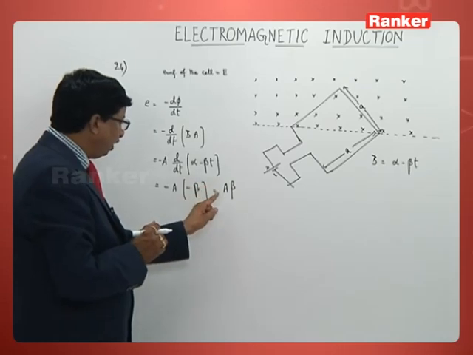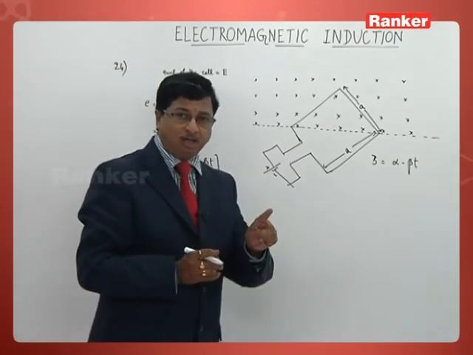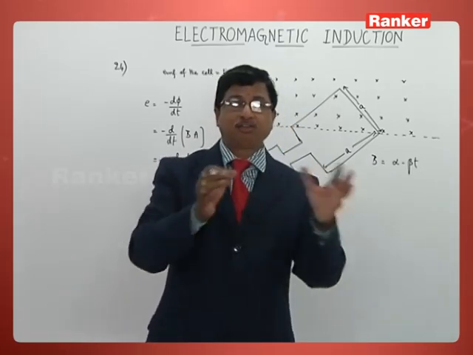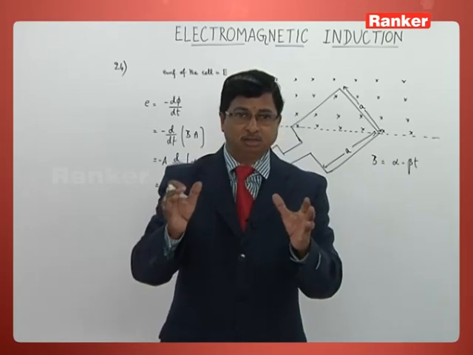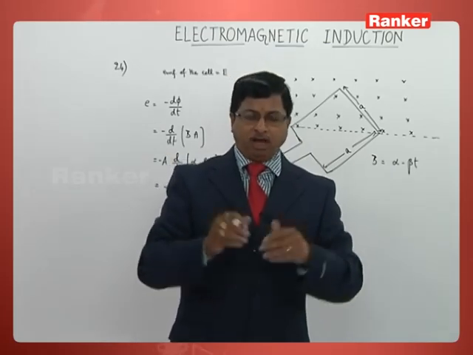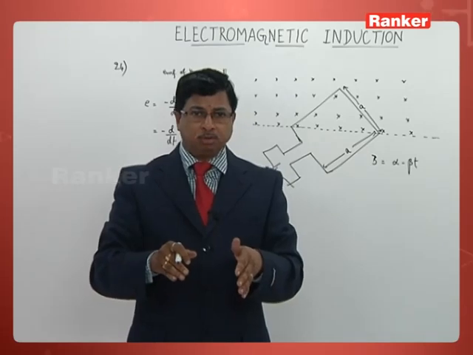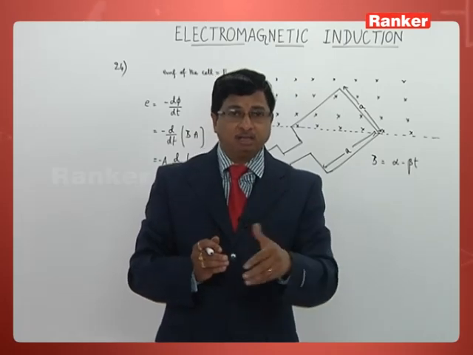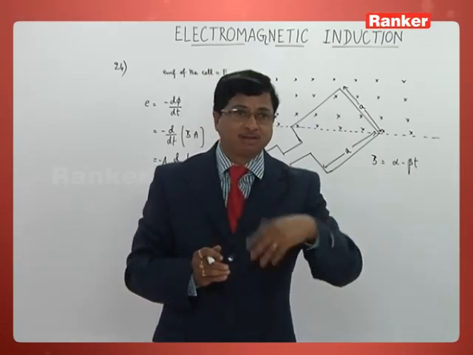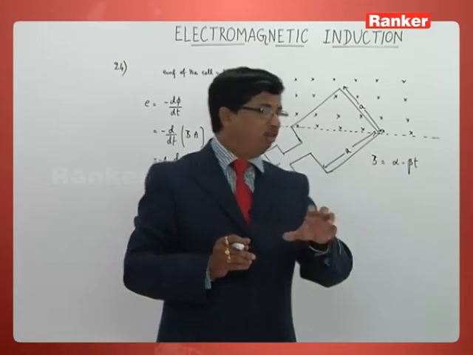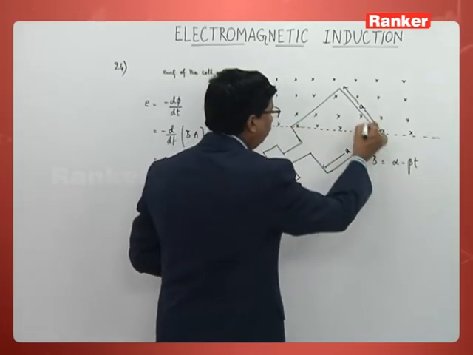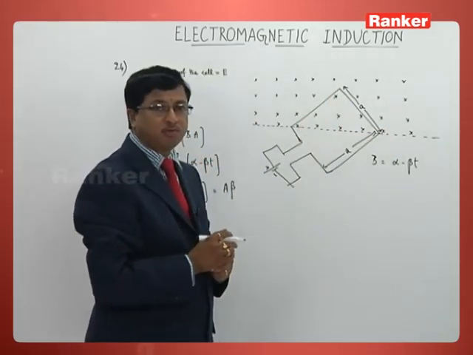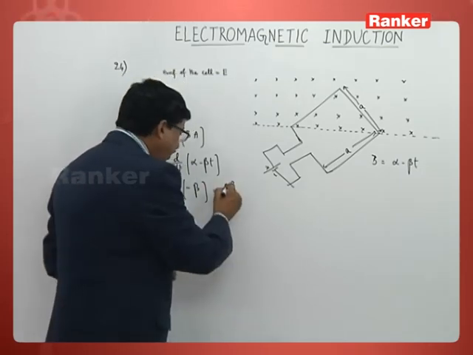And one should understand here, A is the area which is being influenced by the external magnetic field applied on the loop. Had the total loop been inside the magnetic field, we would have taken area as L square there. But in this particular case, only half of the loop is inside the magnetic field. It is very clearly mentioned in the figure. So what should we write in place of area?